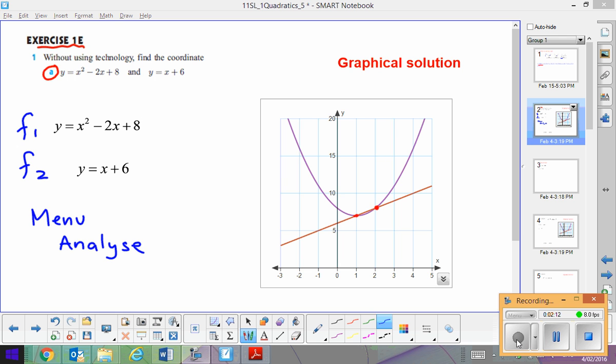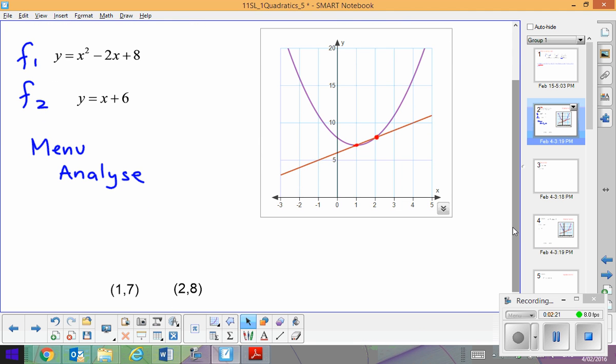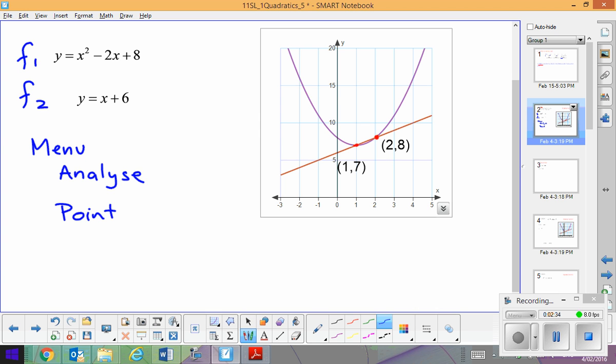You should come up with two solutions, so we can find both points where it intersects. The first one is at (1, 7), that coordinate point. And the second one is at (2, 8). When you're solving with your calculator, I'll just write down here, point of intersection. You will be able to get both coordinates.